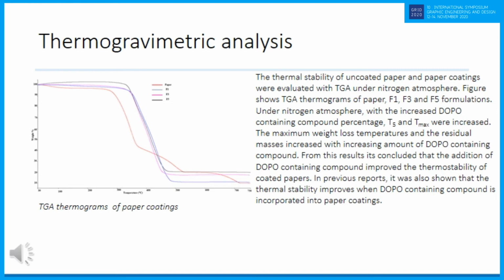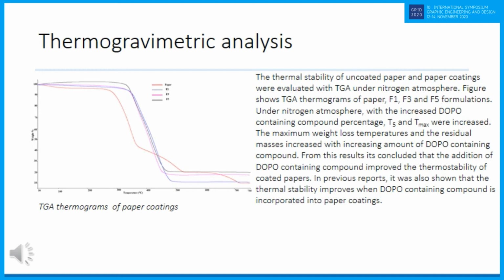Under nitrogen atmosphere, with the increased DOPO containing compound percentage, T5 and Tmax were increased. The maximum weight loss temperatures and the residual masses increased with increasing amount of DOPO containing compound. From this result, it is concluded that the addition of DOPO containing compound improved the thermal stability of coated papers.